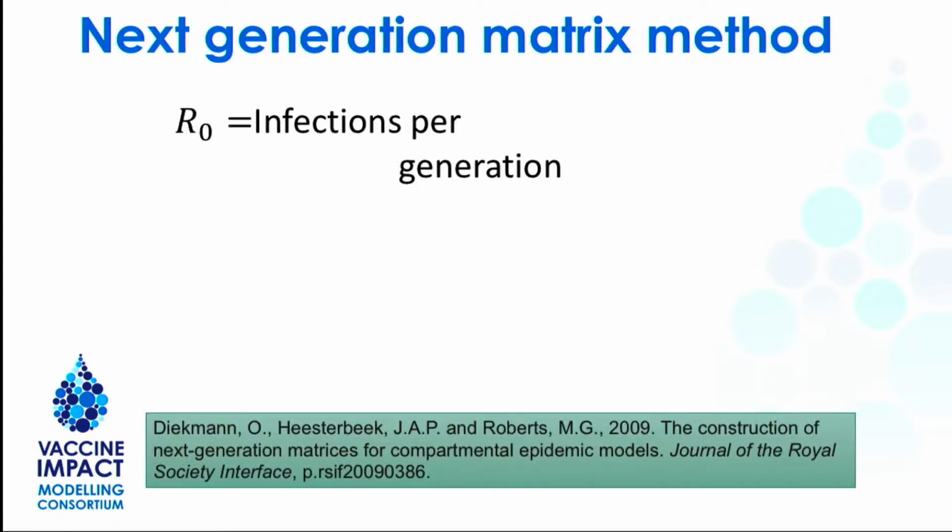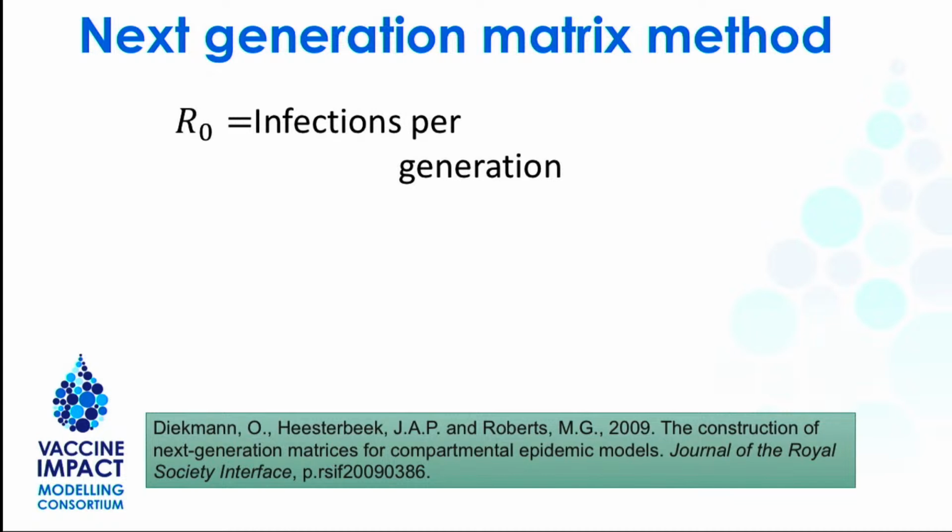Okay, so I'm going to step through how we're going to come up with the next generation matrix, how we calculate R0, which you've already seen a bit. That's where we get to use our eigenvalues. And then I'm going to come back to the next generation matrix and see if it can do anything else for us, because it can. If you're interested in seeing a few more examples of this, this paper is quite helpful.